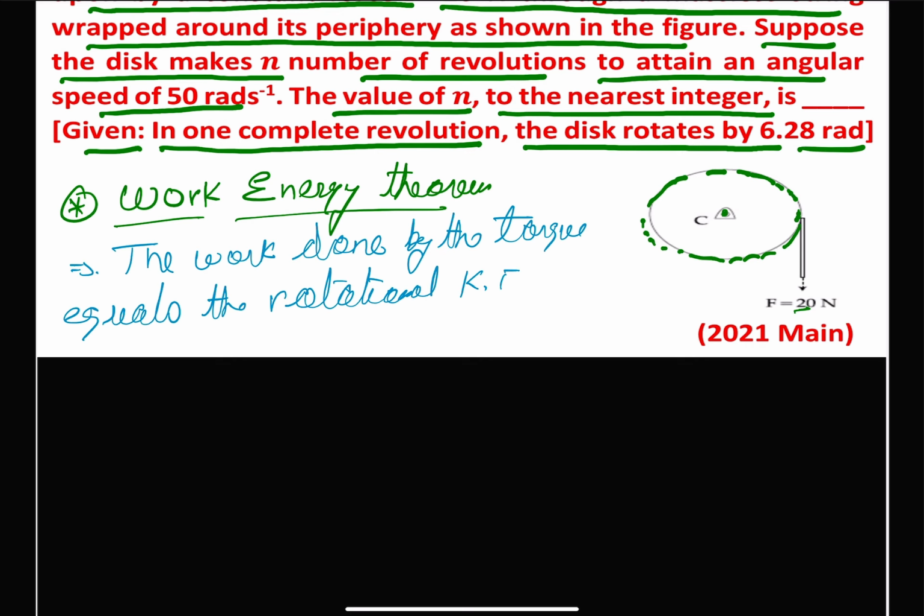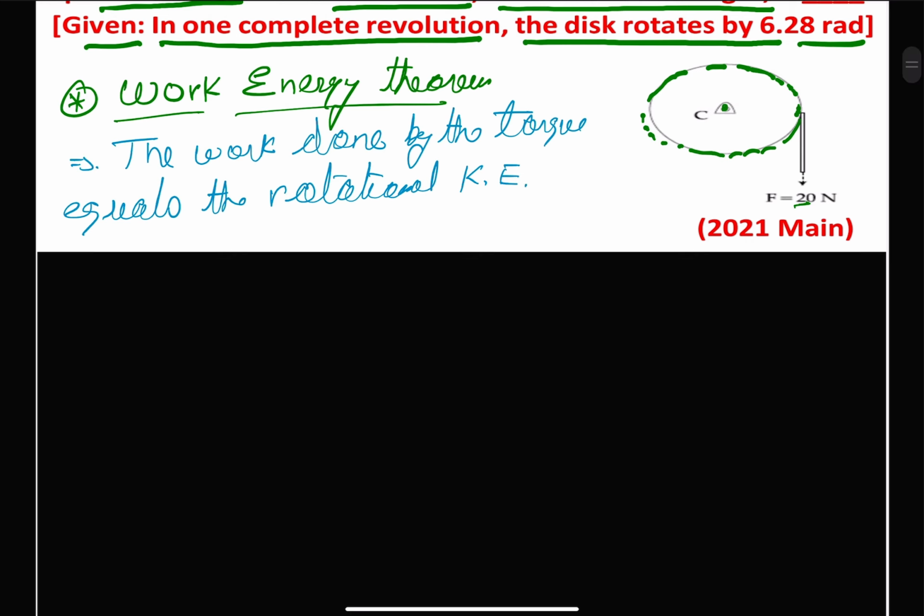Mathematically we can write that work done, suppose it is W, is equal to half I omega square.